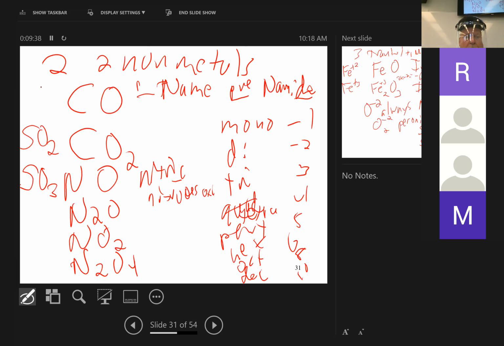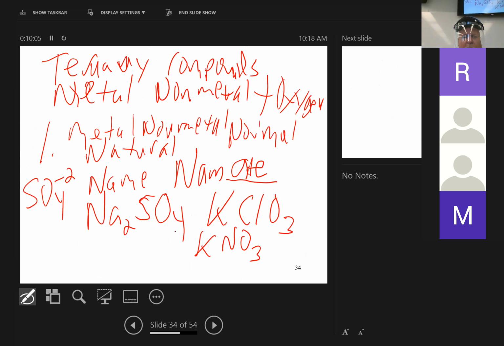Sulfur oxide. Yeah, but what's the rule? This is sulfur dioxide. This one is sulfur trioxide, right? Okay, but what is this? This is sulfate. Okay, because of the later ones, okay? This is sulfate, okay? You understand that? Yep. Good, okay, so now let's go to the next one.